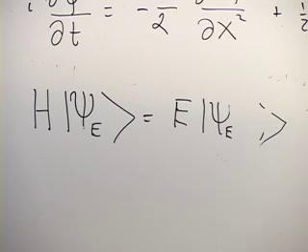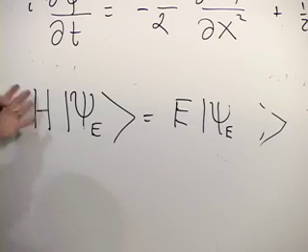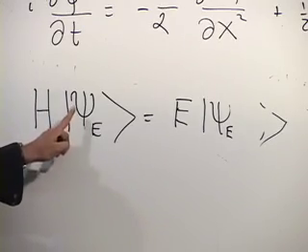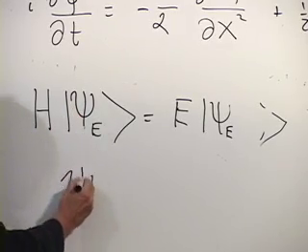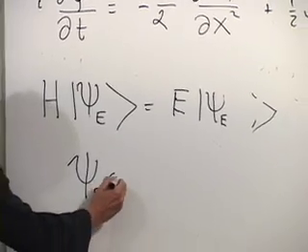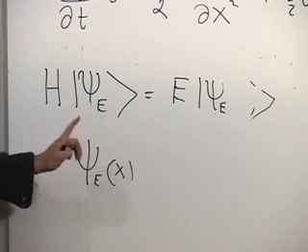Now, this equation does two things. It doesn't solve, but it defines an equation for the wave function psi_E of x. It gives you an equation for that, but it also tells you what the possible energies are.